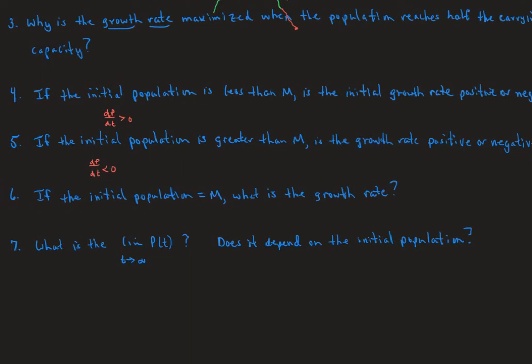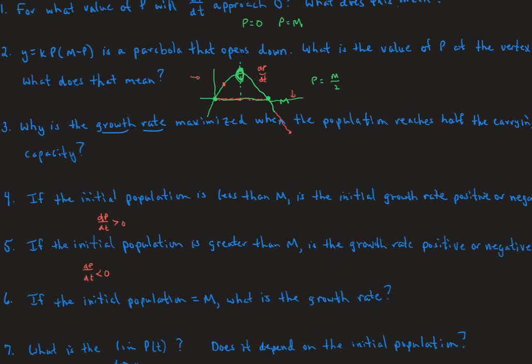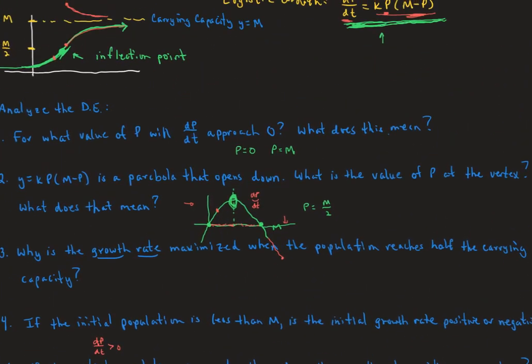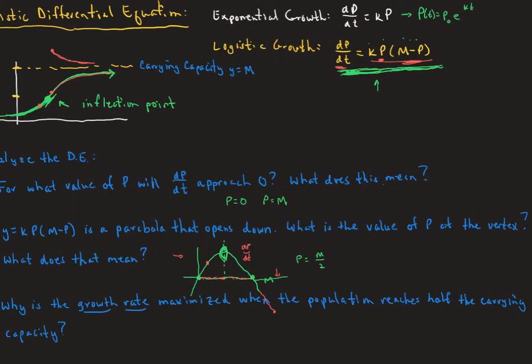If the initial population is equal to M, what is the growth rate? Well, we can see in our differential equation, if P is equal to M, then this M minus P portion will be 0, and 0 times anything is 0, which would make that dP/dt be equal to 0.